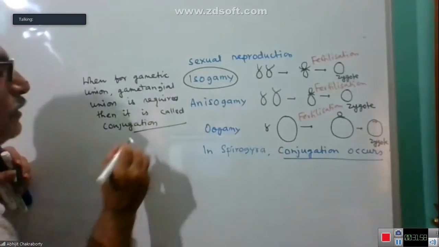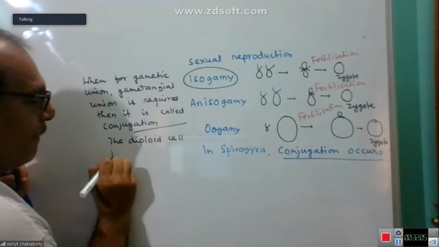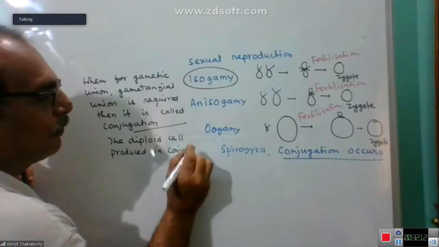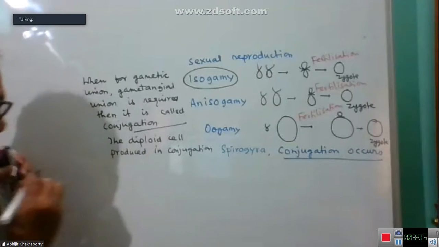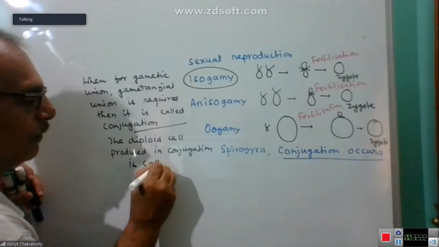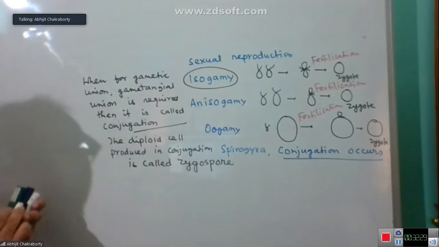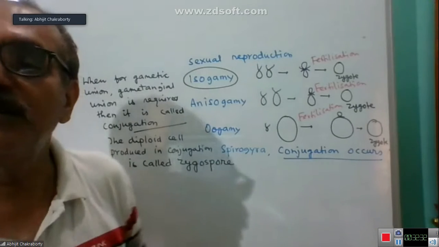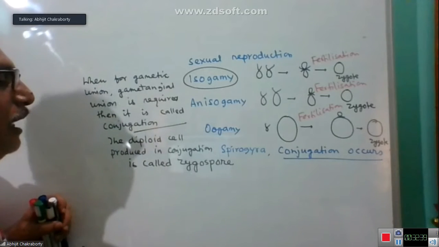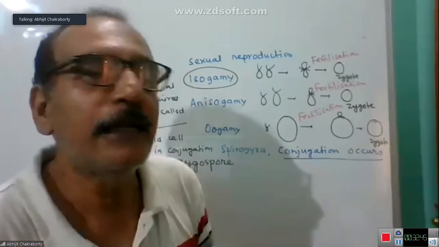So the diploid cell produced in conjugation is called a zygospore. The product of conjugation is the zygospore and the product of fertilization is the zygote.